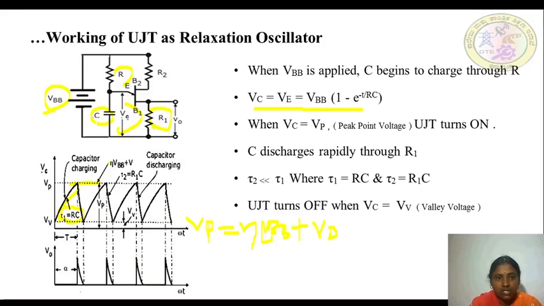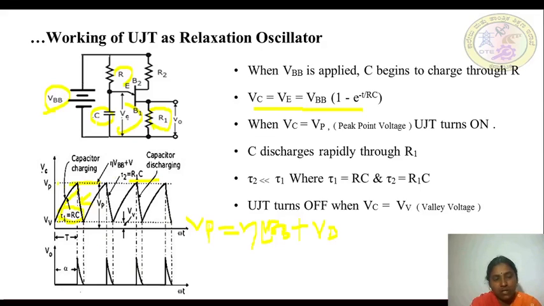Now the discharging time constant. So this is the discharging waveform which we can observe. The discharging time constant depends upon R1 and C, so that is tau 2 is equal to R1 into C. Here tau 2, the discharging time, is always lesser than the charging time.